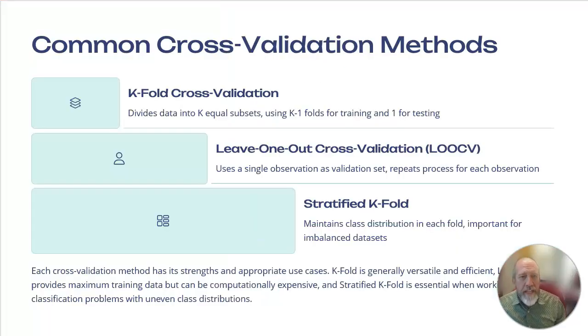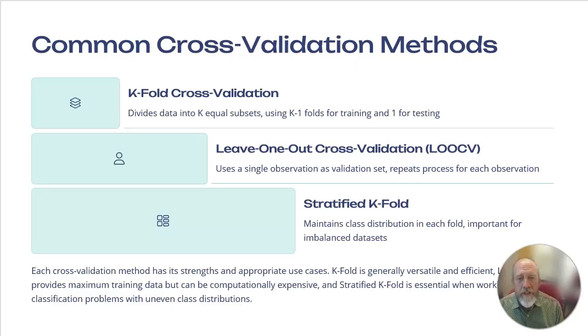So you've got a number of types of cross-validation methods. One that is very common is called k-fold cross-validation. In that case, you just break the data up into a number of subsets, and then you do the training, which basically means you get the parameters with one set of data, and then you do the testing with another set of data.